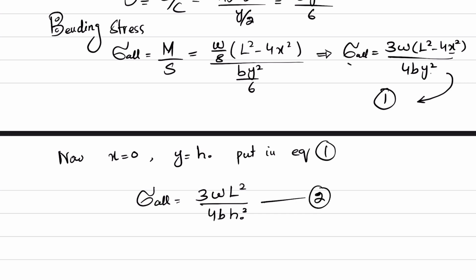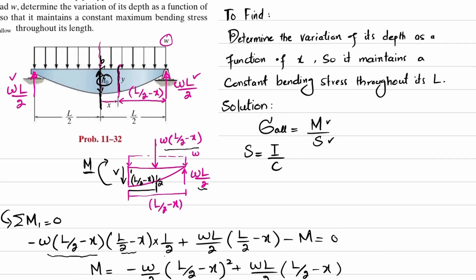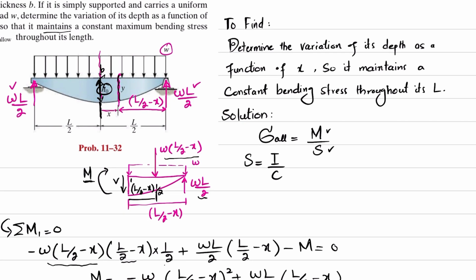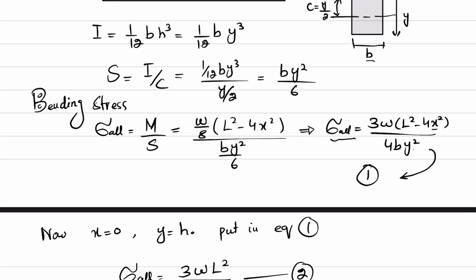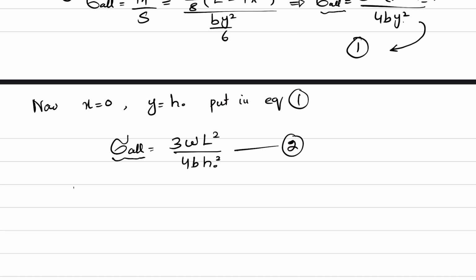Now you can see equation number 1 is also sigma allowable, and equation 2 is also sigma allowable, and it is given in the question that it maintains a constant maximum bending stress throughout its length. So what we will do is equate 1 and 2.